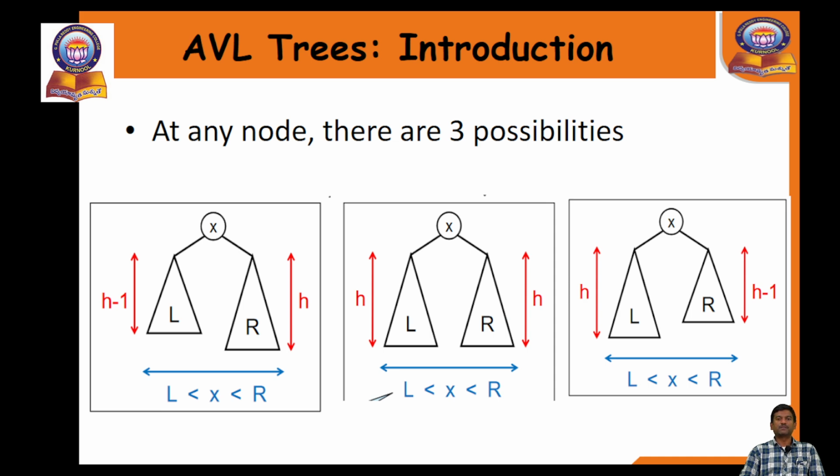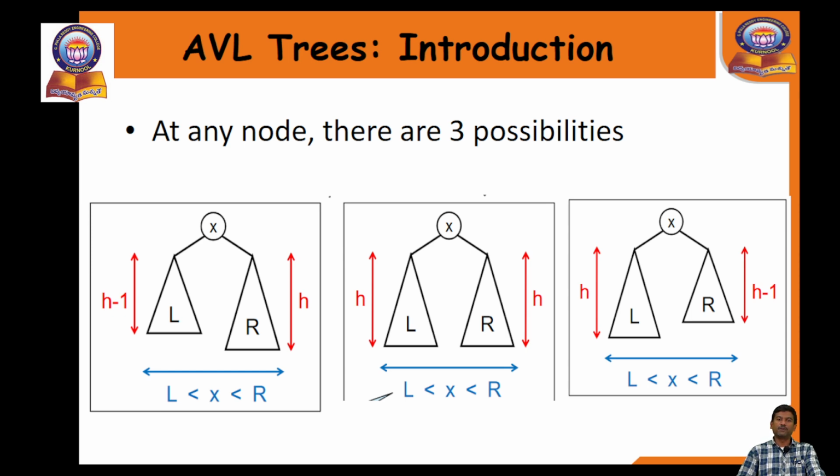So these are the three possibilities whenever you are adding a node to or deleting a node from the binary search tree: either the left subtree is higher, or the right subtree is higher, or both heights are the same.